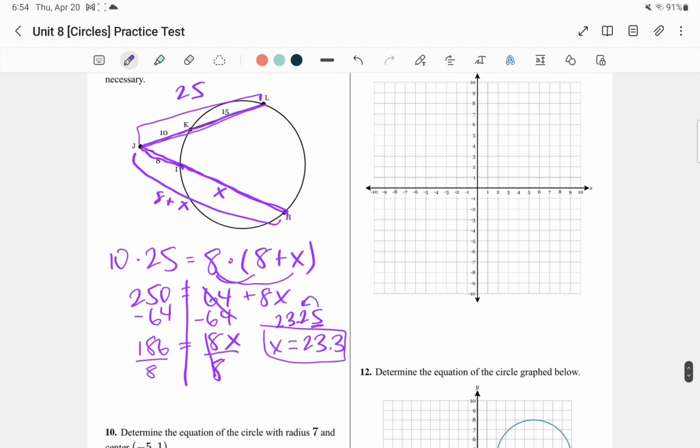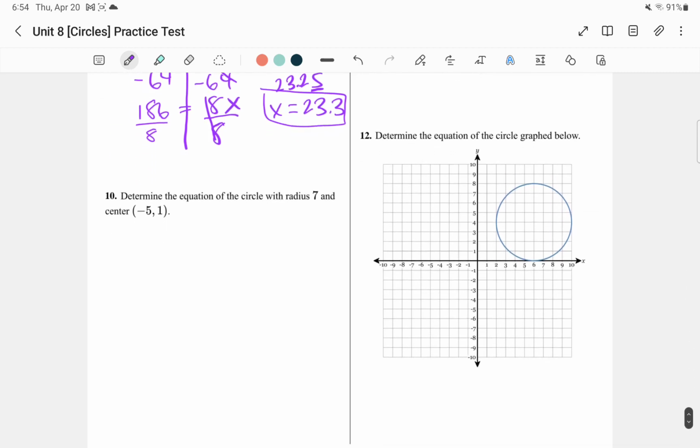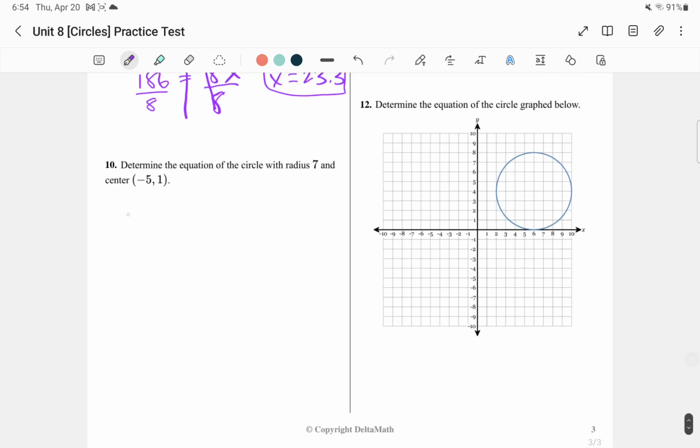All right, and now moving into the last lesson we did, which was equations. First we write our standard equation of a circle, which is x minus h squared plus y minus k squared is equal to r squared. Then we put in our radius, which is 7, so we put 7 in for r.